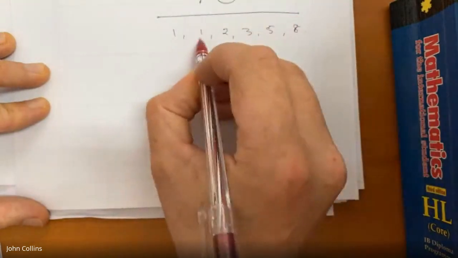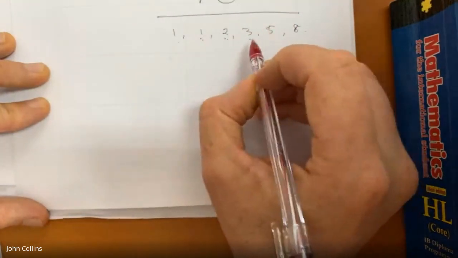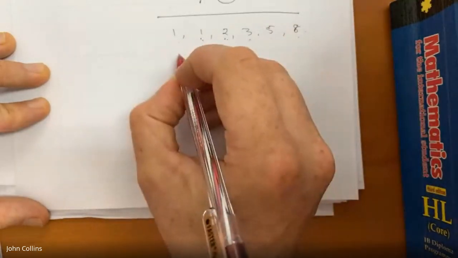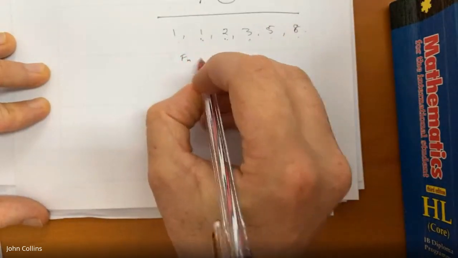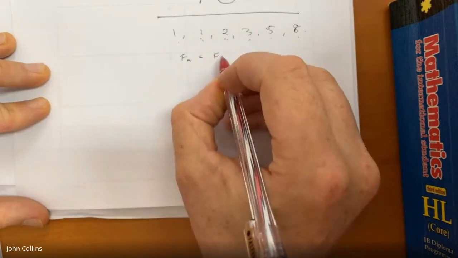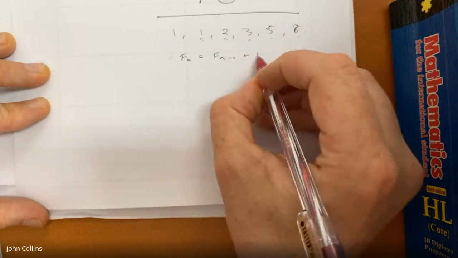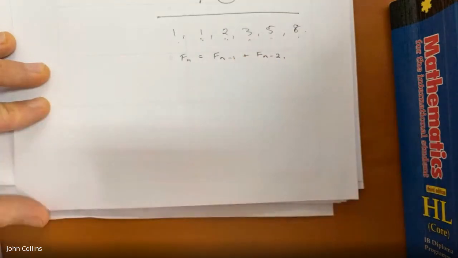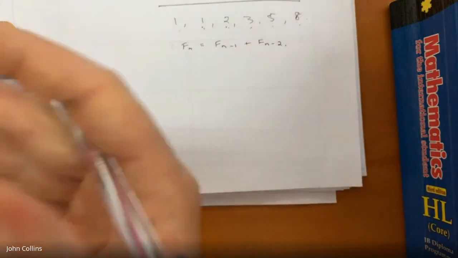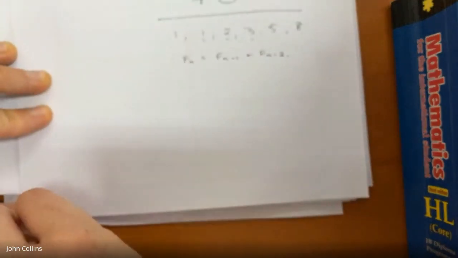So hopefully you know that 1 plus 1 is 2, 1 plus 2 is 3, 3 plus 5 is 8. So a simple writing of the rule would be: to get a term, you get the previous 2 terms and you add them together. That would be the rule of the formula.